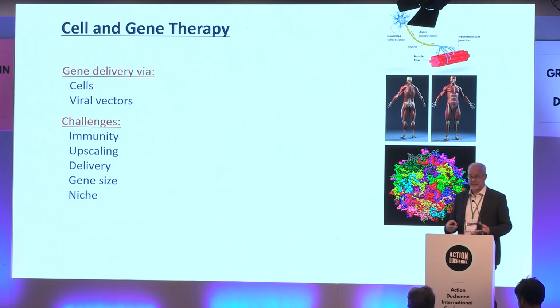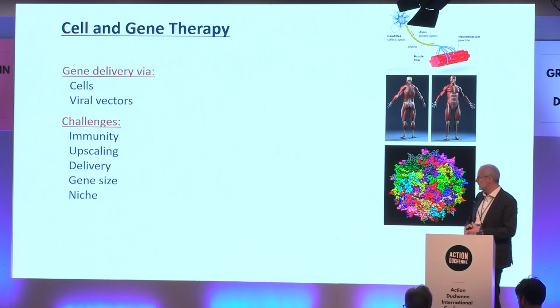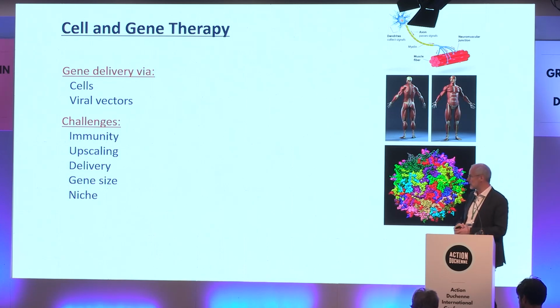We heard this, upscaling of production, delivering to the tissue of interest, skeletal muscle and ideally the heart, the gene size. And I mentioned the niche, it's particularly for cell therapy. Once you take a cell out of the body and put it in, this cell has changed its characteristics.